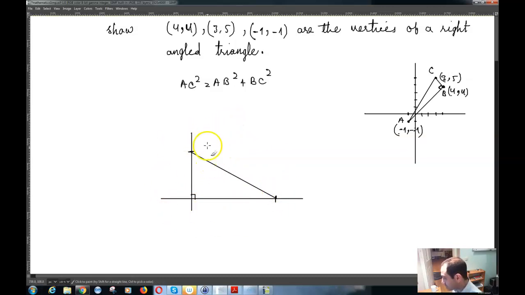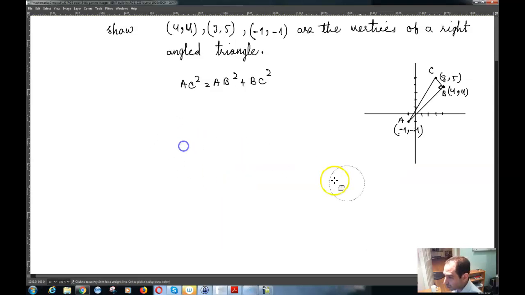So using this logic, there is nothing really wrong with it. You can calculate the slope of this line AB.